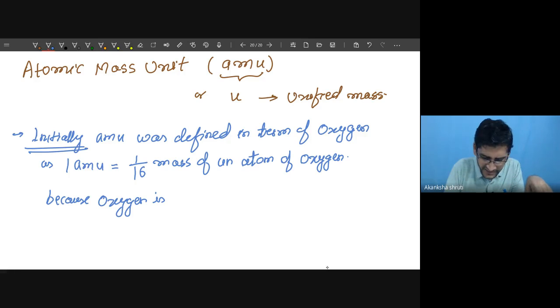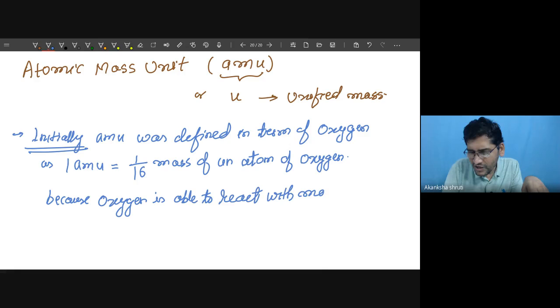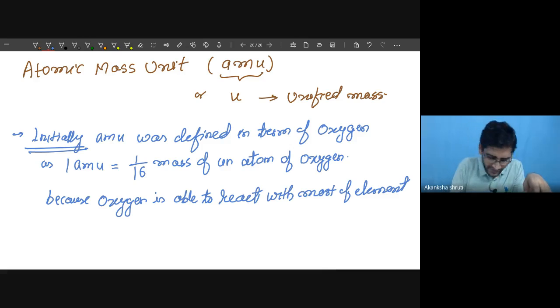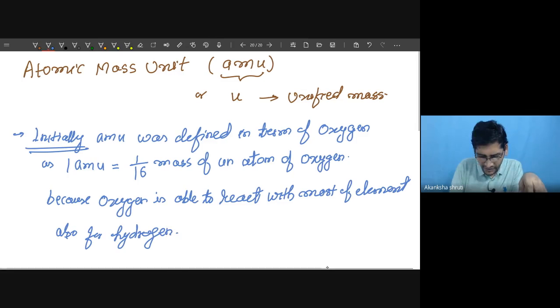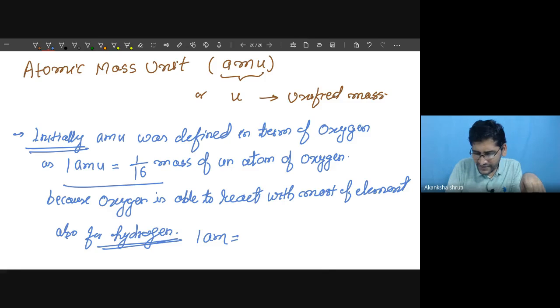Students, this was also done for hydrogen, because hydrogen is also able to react with all the elements. So in terms of hydrogen, 1 AMU was the same as the mass of one atom of hydrogen.